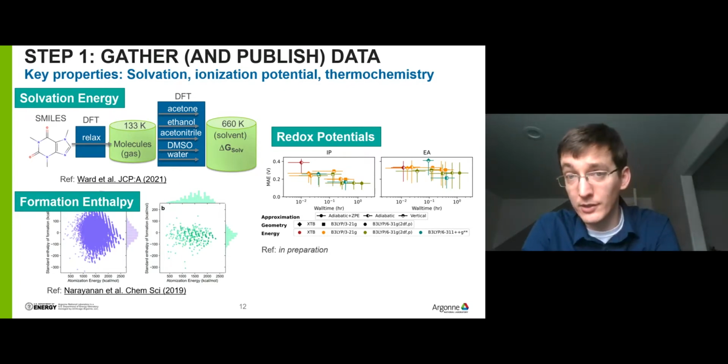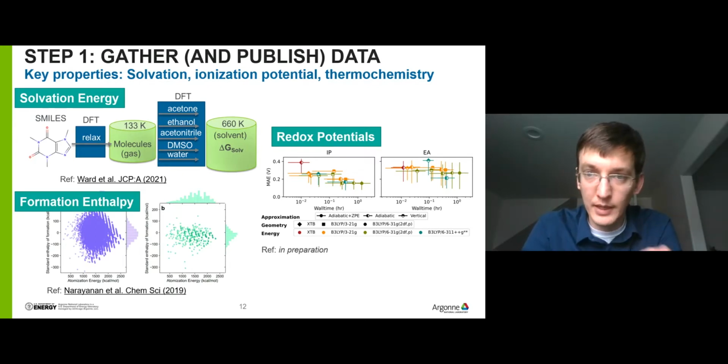I can compute these geometries using different levels, or compute the energy given that geometry using different levels of accuracy. That gives me, in short, a 100-fold trade-off between the amount of computation I'll expend and about a factor of 2 difference in the level of accuracy. And as you'll see later, that can allow us to speed up our design processes by exploiting those variances.